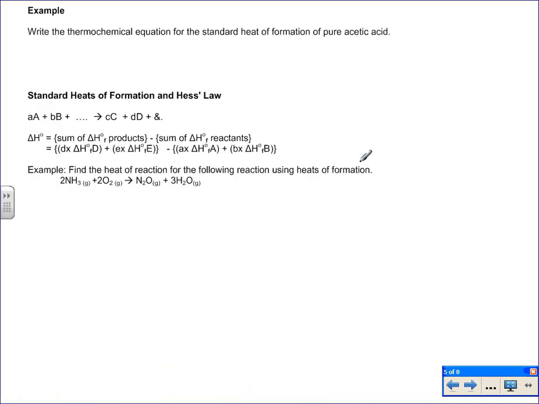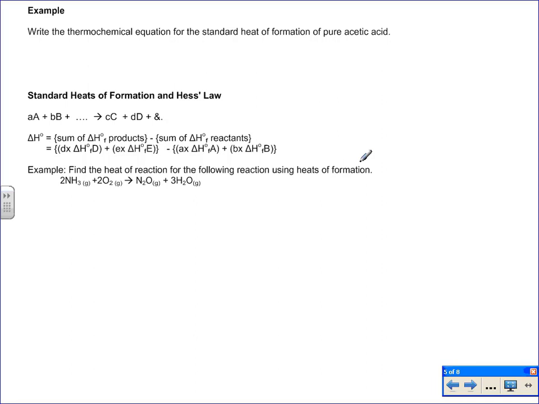So there's a few things that we need to be able to do. We need to be able to write thermochemical equations for the standard heats of formation, and we need to be able to identify whether or not we've got an appropriate reaction. And then we also need to be able to calculate a delta H value for a given reaction.